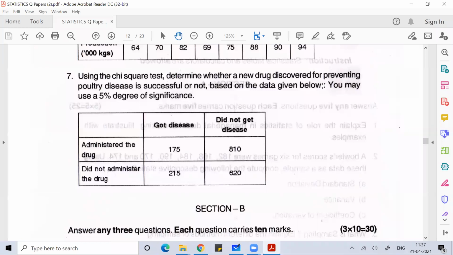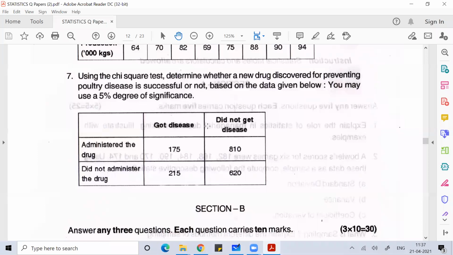Here, you have to do the same way. In the null hypothesis, we will say that giving drug, that is medicine, and getting disease are independent of each other. You have to find whether the new drug discovered for preventing the poultry disease is successful or not.